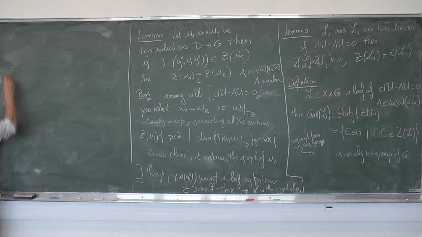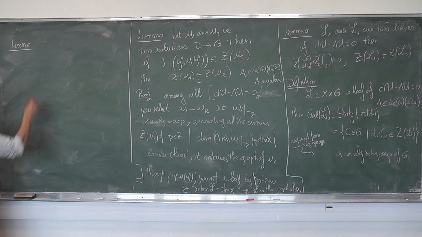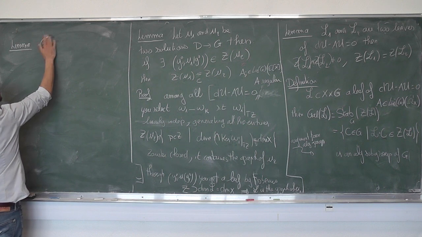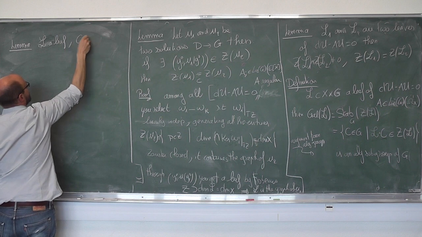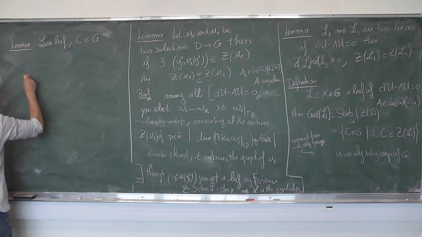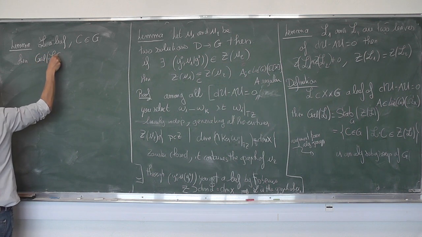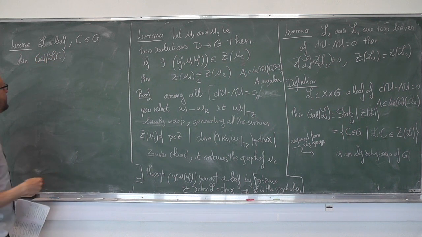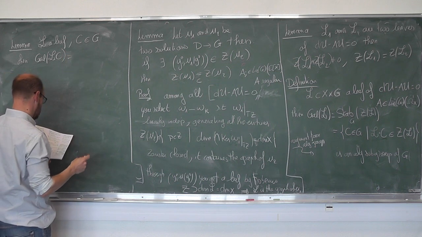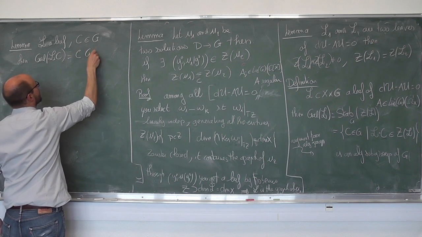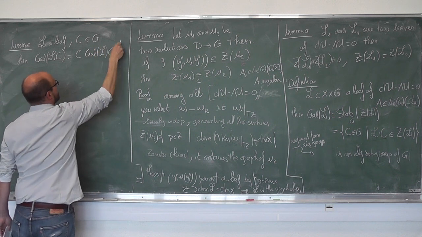Okay, so the lemma 1, or the lemma, I don't remember how many lemmas I wrote, so no numbers. If you fix L, a leaf, and C, a constant matrix, then the Galois group of LC is something like C, the Galois group of L, C minus 1.